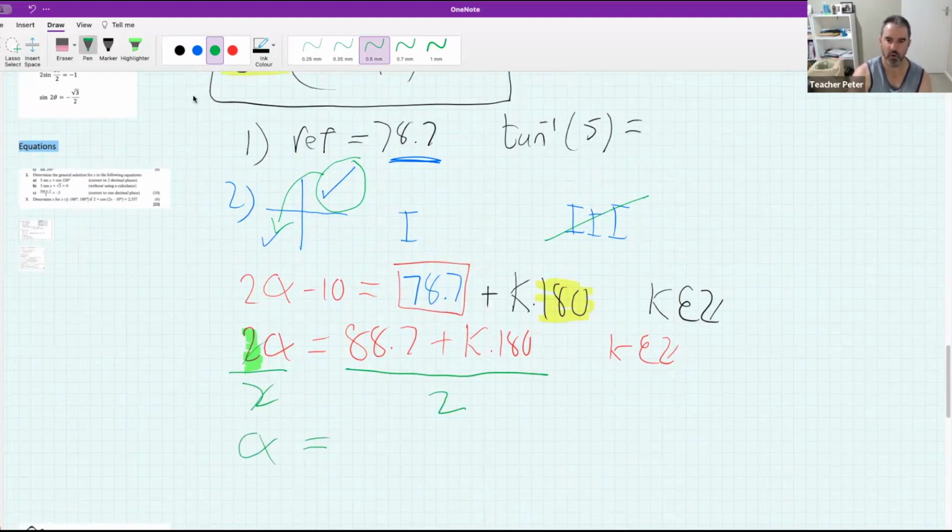The question is, what goes on the other side? The k is definitely going to hang around. You halve this, you get 44.35, and you halve that, and you get k times 90.